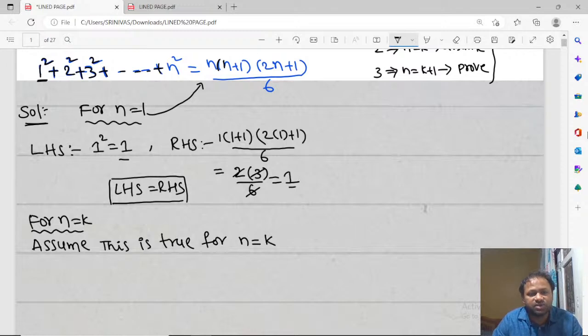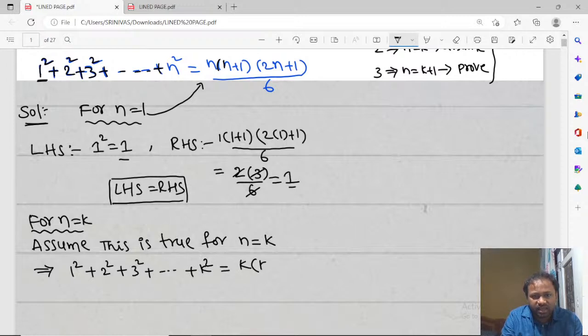For n is equal to k, I am assuming the statement is true. Then what can we write for the statement? 1 square plus 2 square plus 3 square plus and so on plus k square is equal to k into k plus 1 into 2k plus 1 divided by 6.